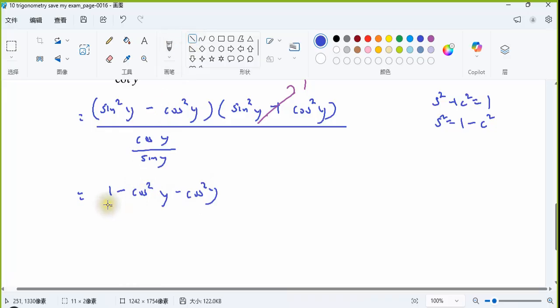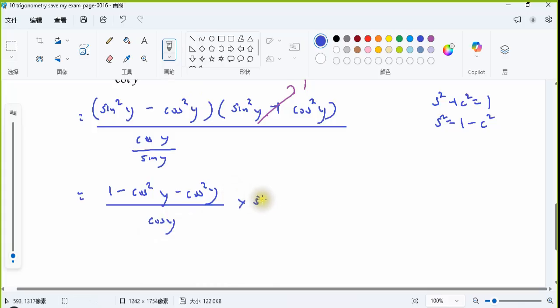And then the whole thing minus with the cos y, and then multiply with the sine y. Okay, so this one move up. So we have the 1 minus 2 cos square y over cos y times sine y.